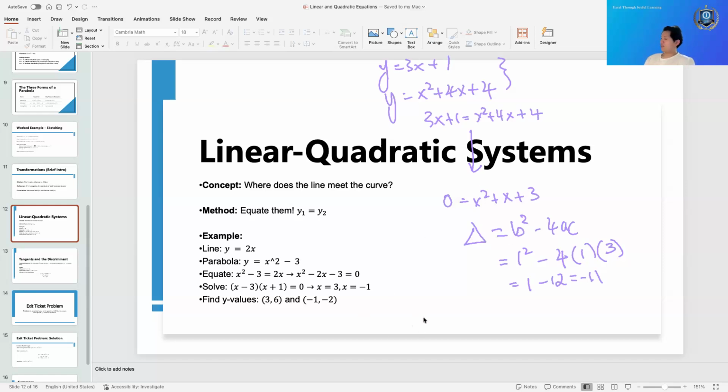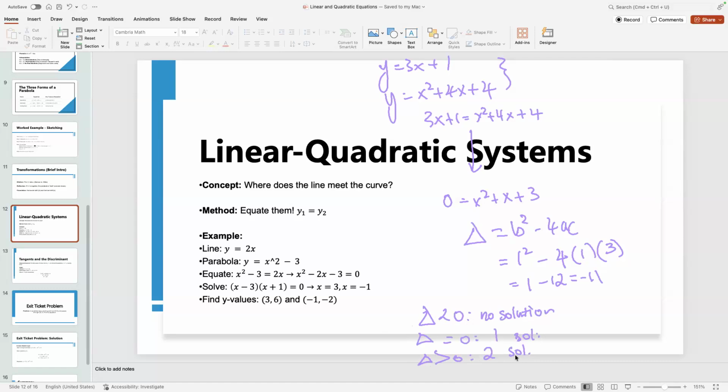Here's how the table would go. Discriminant less than 0, no solution. Discriminant equals 0, 1 solution. Discriminant bigger than 0, 2 solutions. Does that make sense?